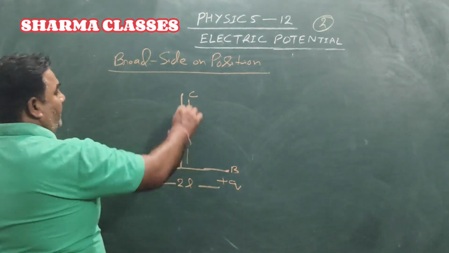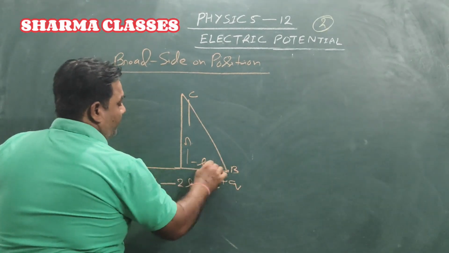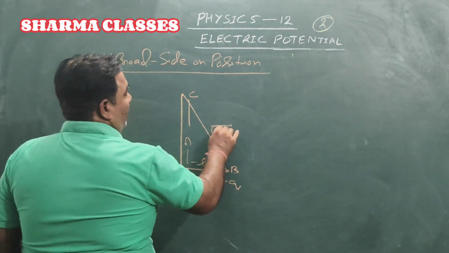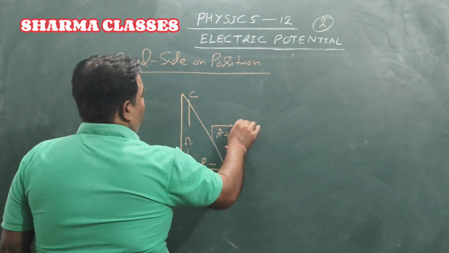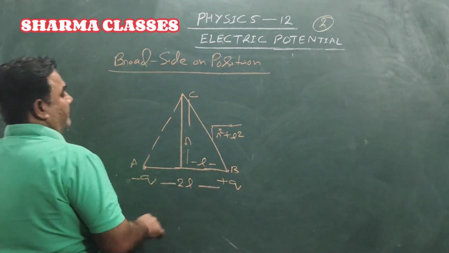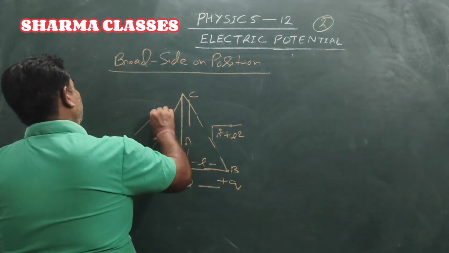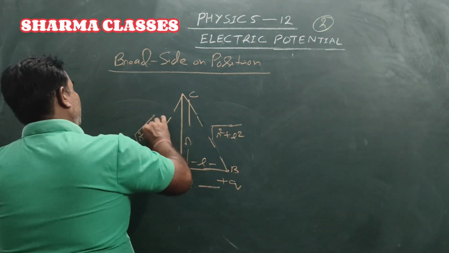First, we find the electric potential at point C due to plus q charge. So we have to take this distance, and this distance is under root R square plus L square by the Pythagoras theorem. And due to minus q charge, we have to take this distance, which is also under root R square plus L square.